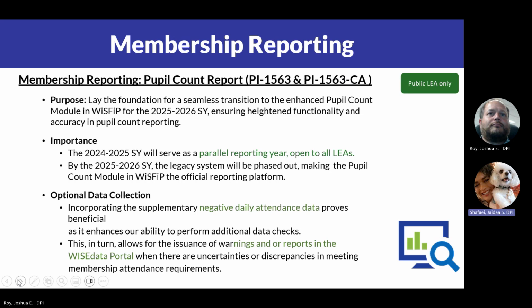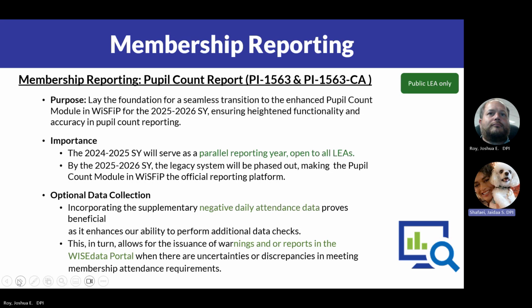Our goal is that next year, the 24-25 school year, will be a dual reporting year, where we'll open up the new application and the new process for reporting membership to all LEAs. Still as optional, we still have to do both systems, Sapphire and also the new application.